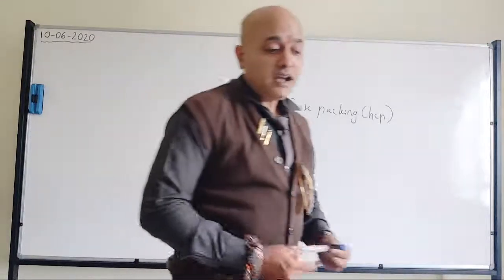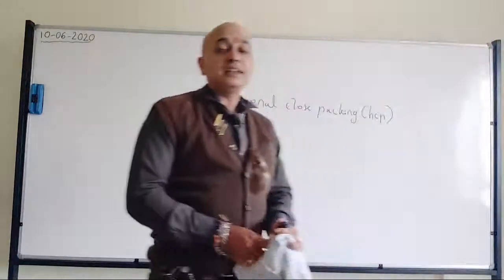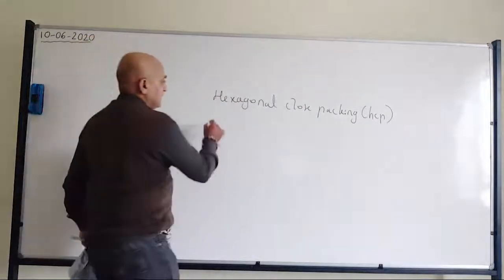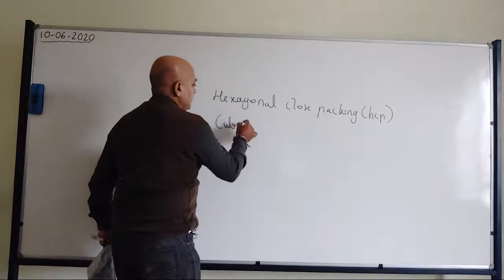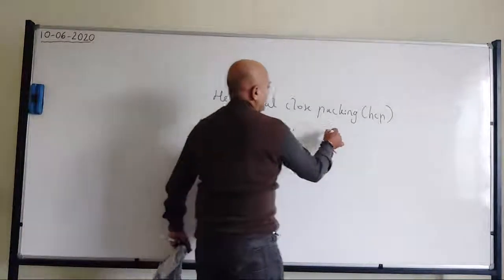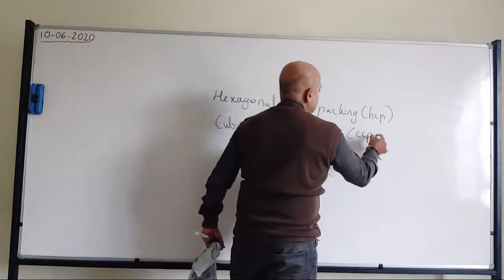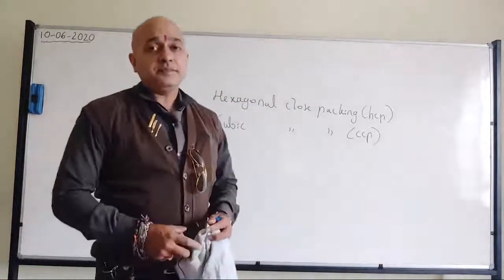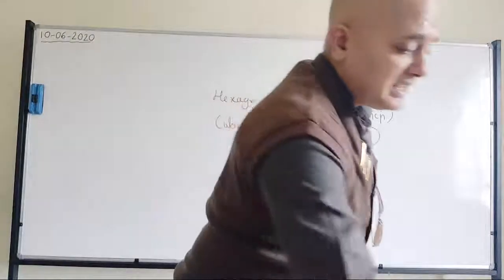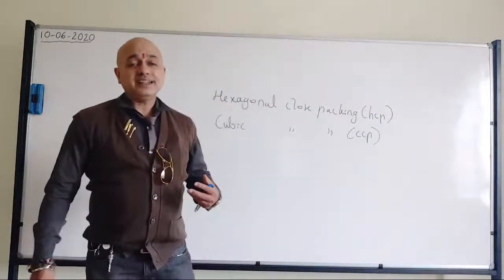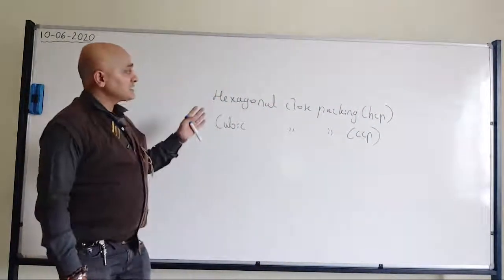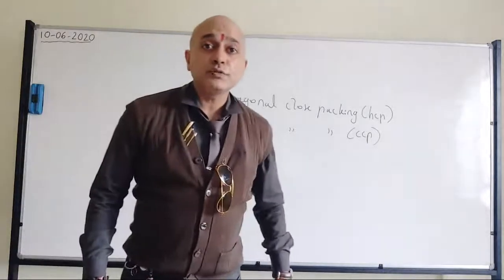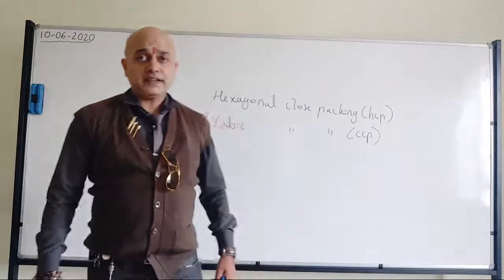Okay? And same way we have another one which is called cubic close packing, which is also called CCP. So what I mean to tell you is, we have some metals which can go with hexagonal close packing, and some metals which can go with cubic close packing.